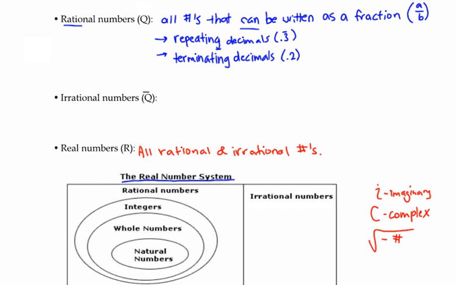So if it's rational, it could also be an integer, whole number, or natural number. All those numbers are also rational. Can you write -2 as a fraction?